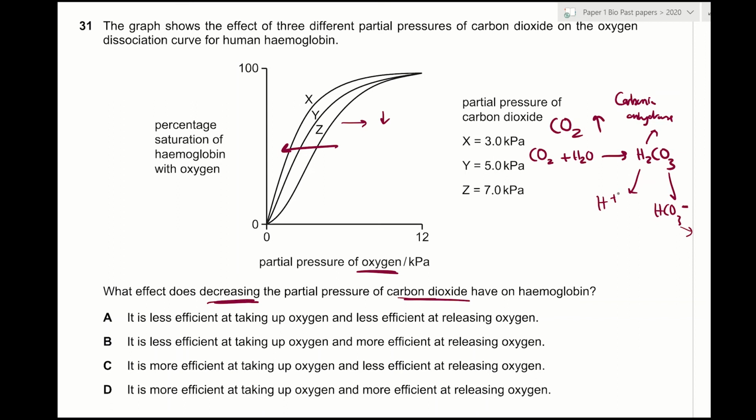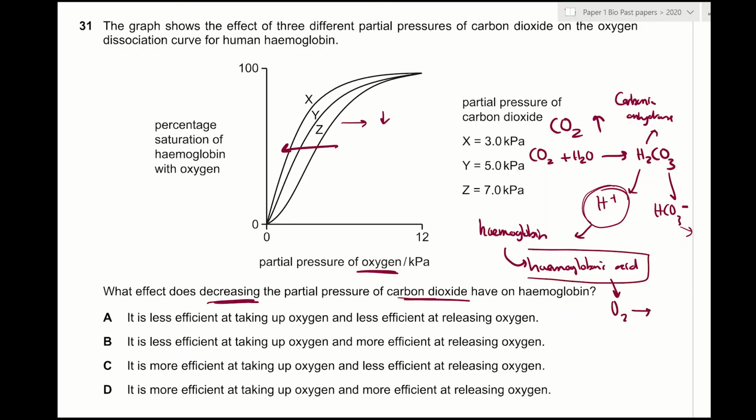Now we have so many hydrogen ions that they combine with hemoglobin, forming hemoglobinic acid. And oxygen is now released. The reason for this is that hemoglobinic acid has a very low affinity for oxygen. Therefore, it releases oxygen much more easily.